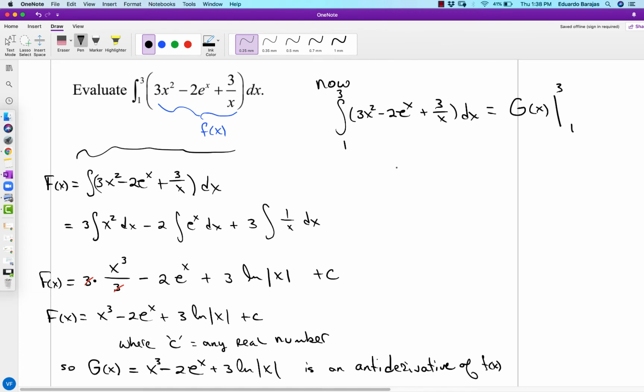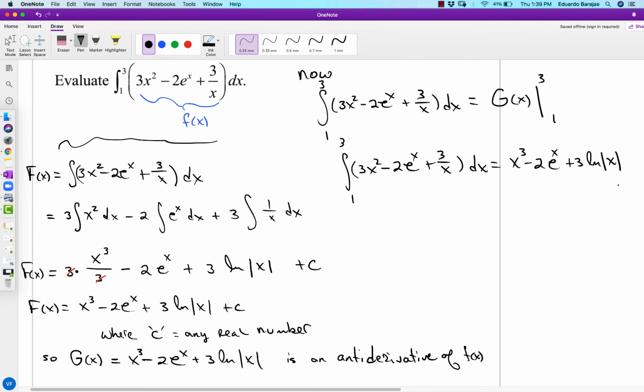In other words, this integral from 1 to 3 of 3x squared minus 2e to the x plus 3 over x dx is equal to x to the third power minus 2 e to the x power plus 3 ln of absolute value of x, all of that evaluated from 1 to 3.